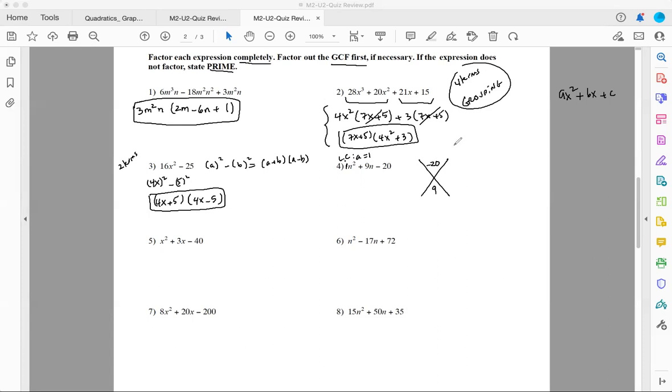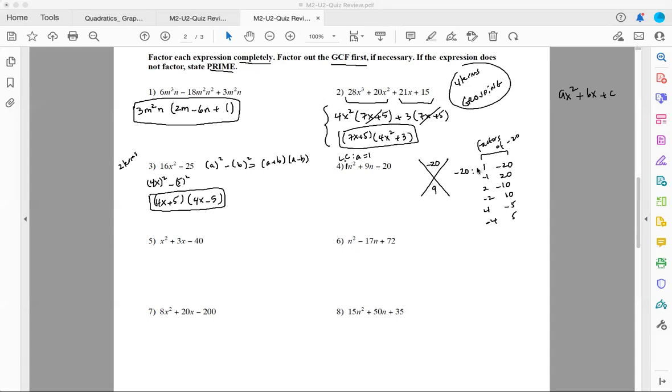If for some reason you don't know, you can start with finding the factors of negative 20, which are 1 and negative 20, negative 1 and positive 20, 2 and negative 10, negative 2 and positive 10, 4 and negative 5, negative 4 and positive 5. These are the factors of negative 20. Out of these pairs, which one adds up to 9?